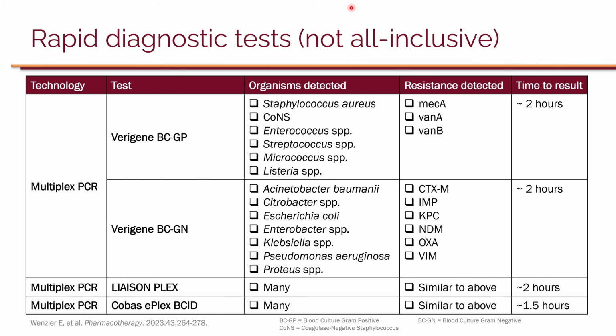And there are certain resistance genes that this test can detect, including some of the gram-positives and some of the gram-negatives. Now, this is still pretty fast, so it's a rapid diagnostic test, but a little longer. It takes about 2.5 hours once you put your sample in this machine for the results to be reported.